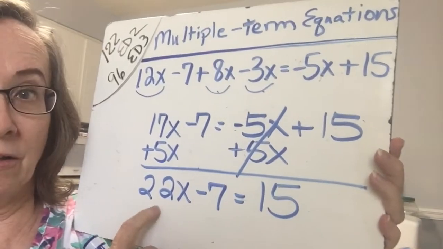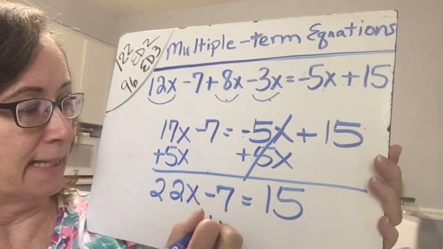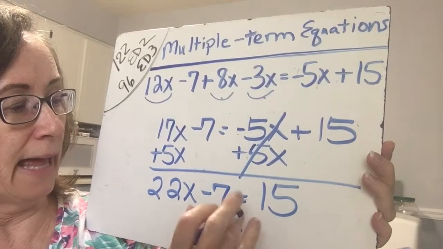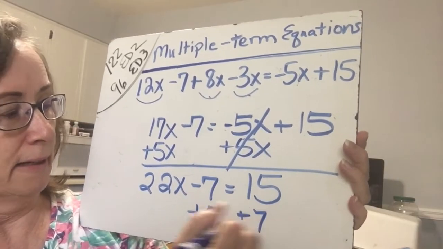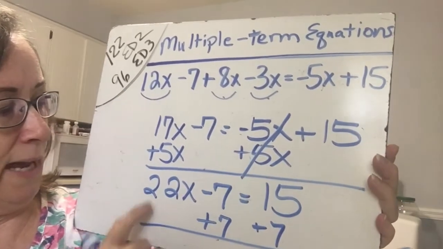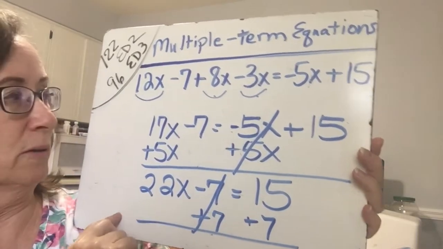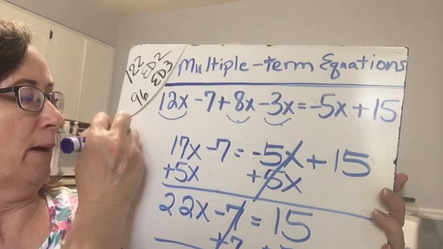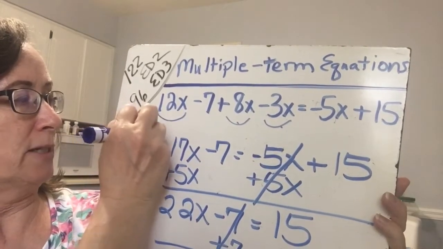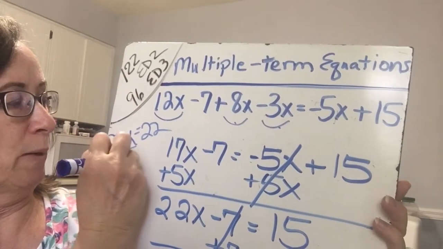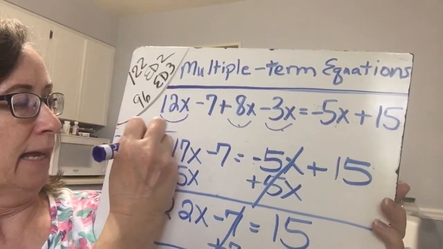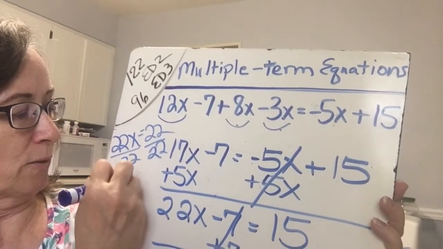So now to get our 22x by itself, we'll add a 7 and we'll add a 7 on this side. So now we have 22x, this cancels out, is 22. So if 22x equals 22, then we divide by 22 on both sides, and we get x equals 1.